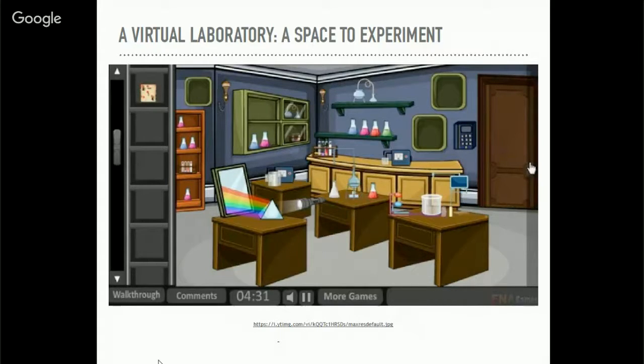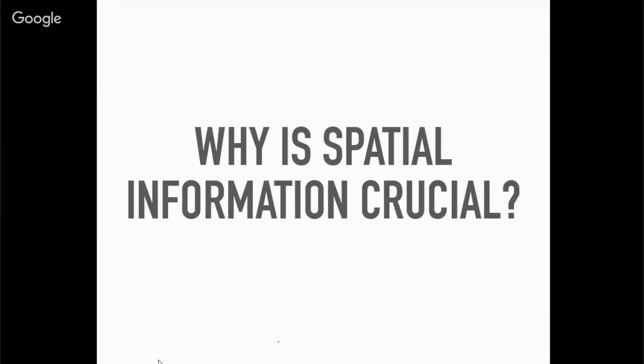What is a truly appropriate way to use 3D visualization to produce new knowledge? In other words, why is spatial information crucial? Why is it actually interesting to look at ancient artifacts, putting them in a spatial context, why is it important to have 3D information?